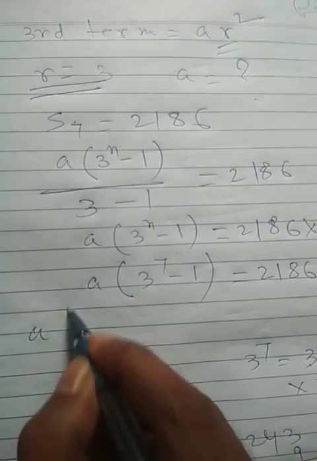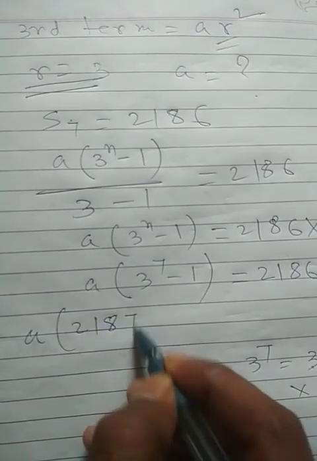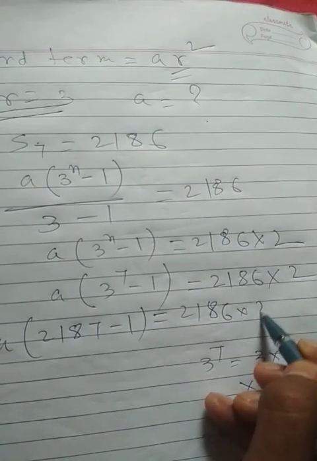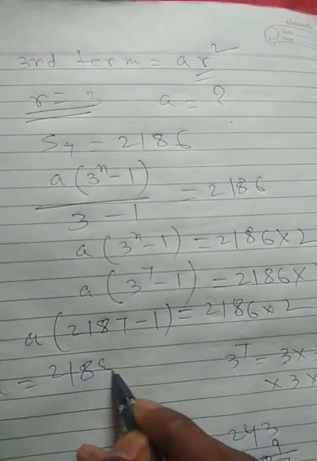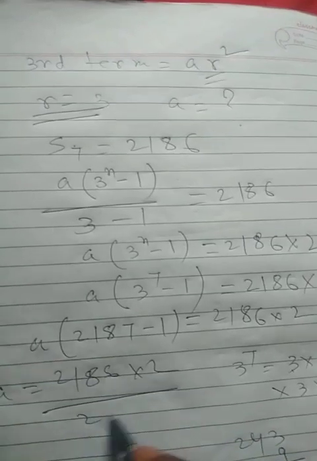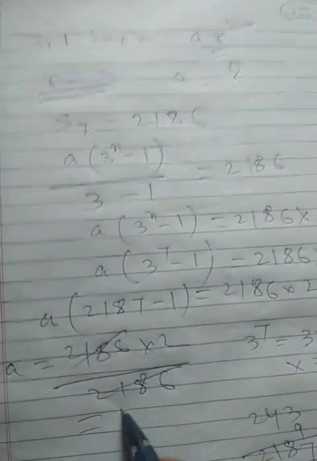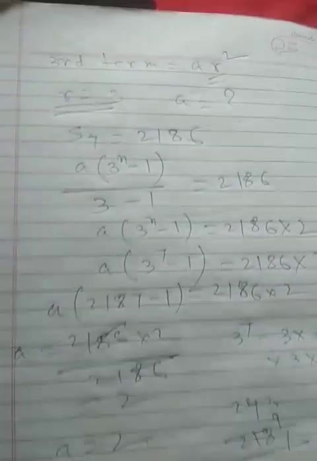So I got 2187 minus 1 into A equal to 2186 into 2. So I got A equal to 2186 into 2 by 2186 because this is 2186. So I got A equal to 2.